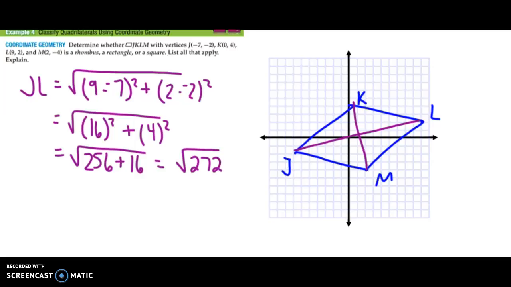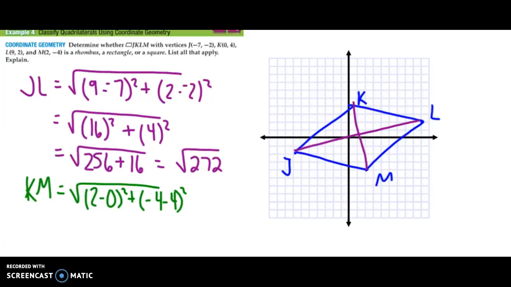That would be the square root of 272. Alright, so now let's find the length of KM. Okay, so the distance from K to M is going to be 2 minus 0 squared plus -4 minus 4 squared, which is going to be the same as 2 squared plus -8 squared, which is the square root of 4 plus 64.